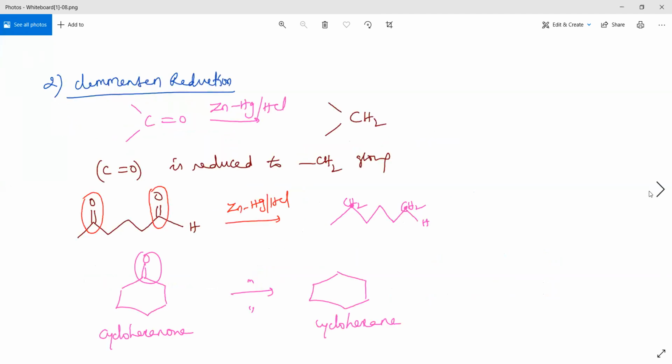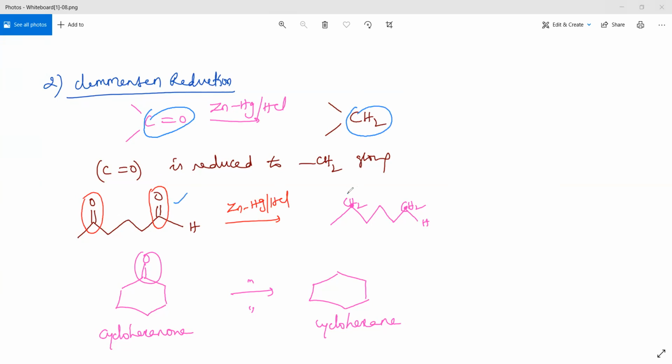Next, Clemmensen reduction and Wolff-Kishner reduction. There you can see C=O groups are converted into CH2 groups. Here you can see the conversion. Here also C=O, here also C=O.